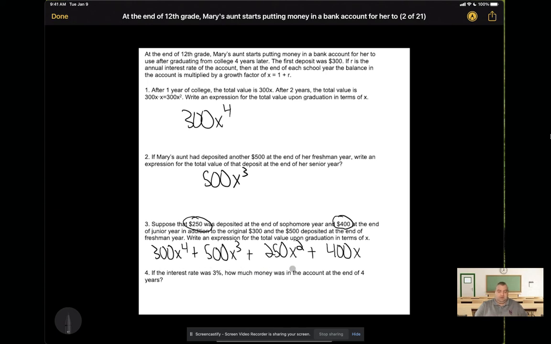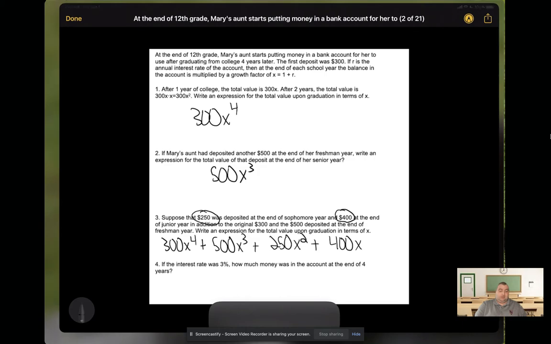So this is the expression here. Number 4: if the interest rate was 3%, how much money was in the account at the end of the 4 years of college?